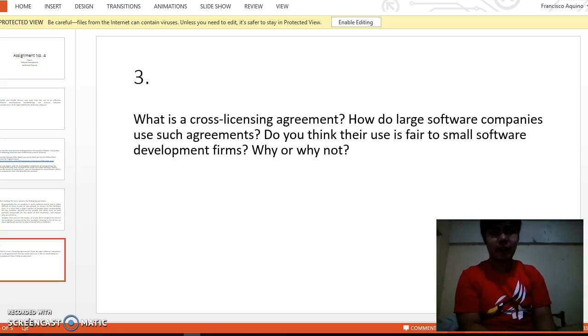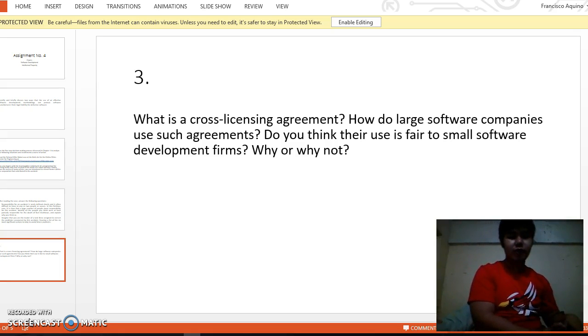I think it is fair because this agreement may not affect the relationship between a large company and small software development firms.